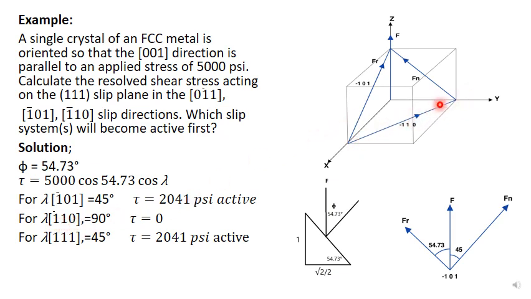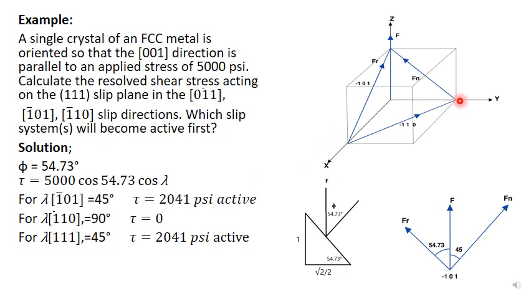For the -1, 1, 0 direction, this direction is perpendicular to the force direction. Thus lambda is 90, and because the cosine of lambda is 0, the final resolved shear stress is 0.